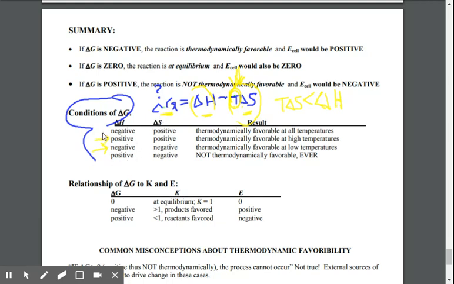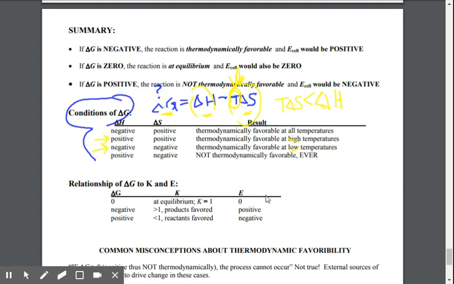So the key here is if they have the same sign, temperature is a factor. If both the signs are positive, you only have a negative delta G at high temperatures. If both delta H and delta S are negative, then that means I will only have a negative delta G at low temperatures there.